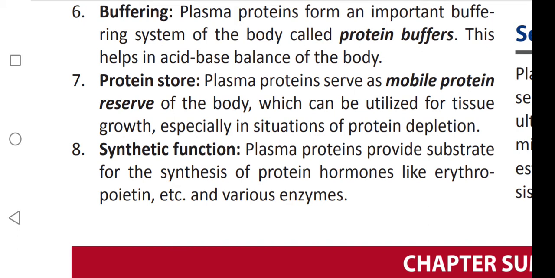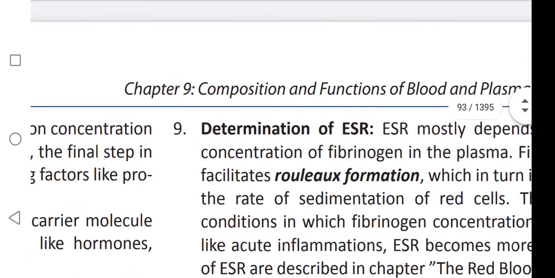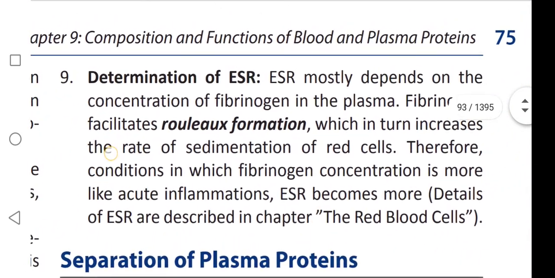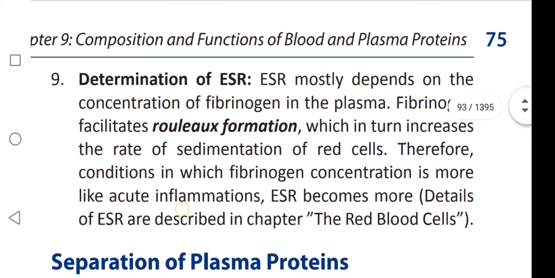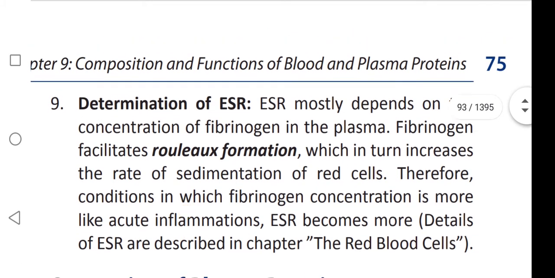Synthetic function. Plasma protein provides substrate for the synthesis of protein hormones like erythropoietin, etc., and various enzymes. And next is determination of erythrocyte sedimentation rate. Erythrocyte sedimentation rate mostly depends on the concentration of fibrinogen in the plasma.